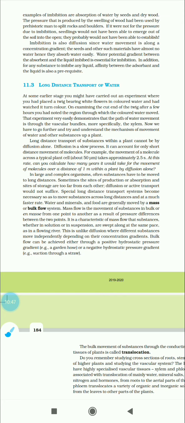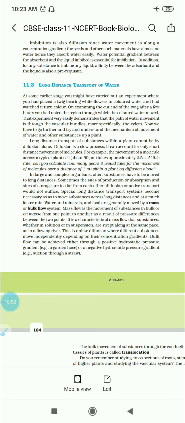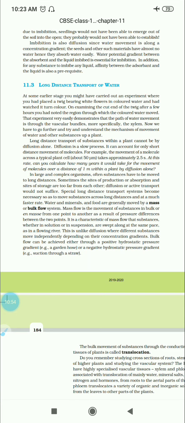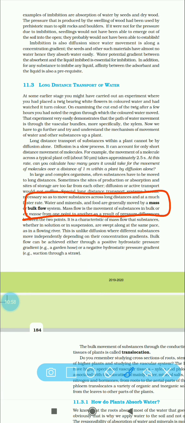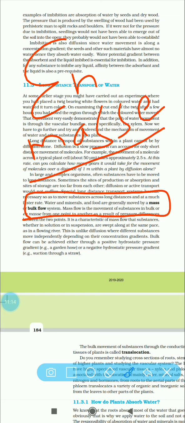Mass flow movement is defined as substances which move in bulk or en masse from one point to another. They are using a term called en masse. En masse means mass or bulk flow, in some quantity.